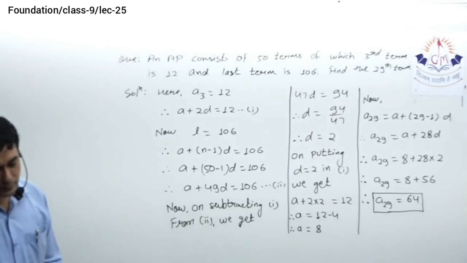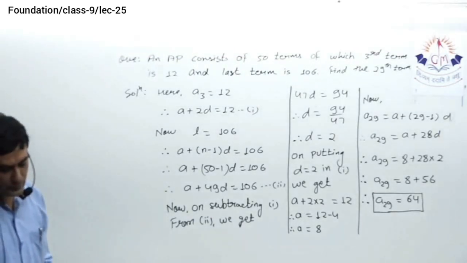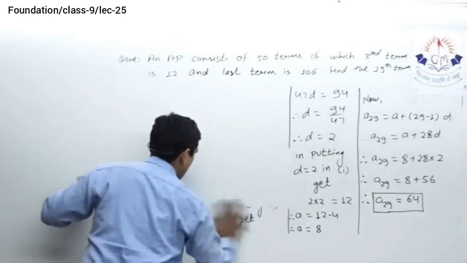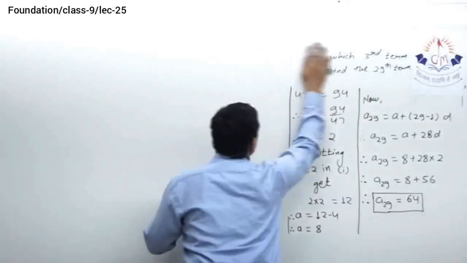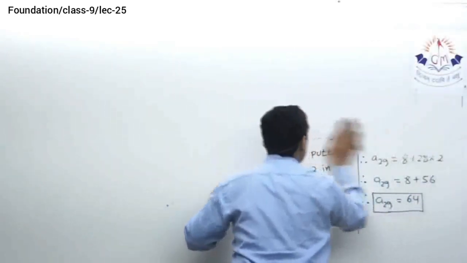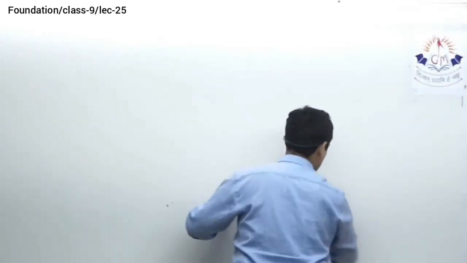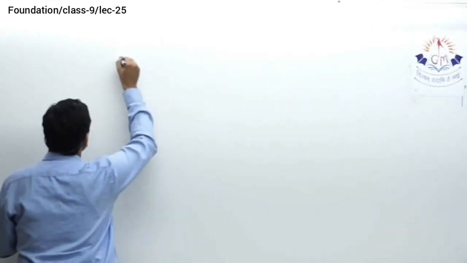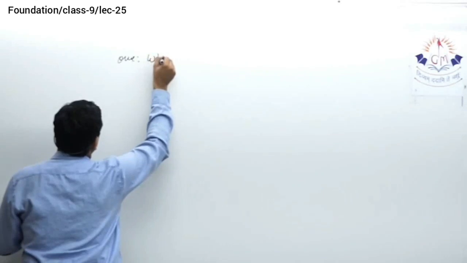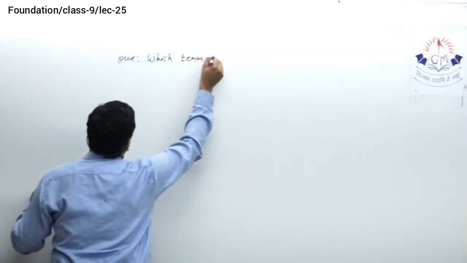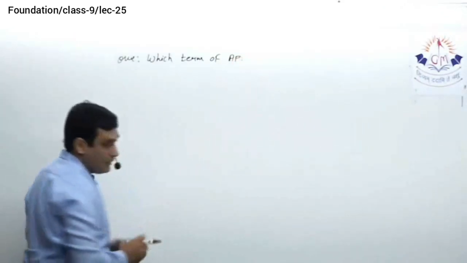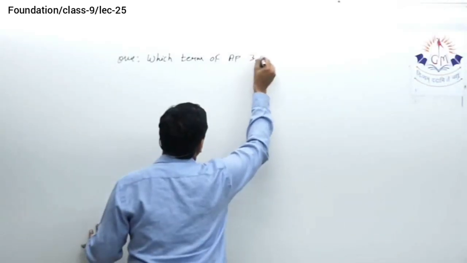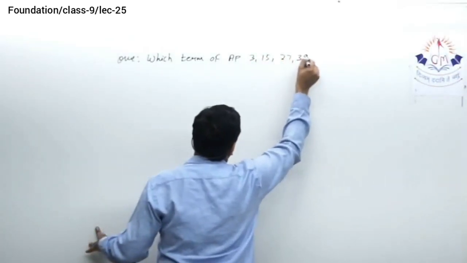Okay, now next question is, which term of AP, now AP is given 3, 15, 27, 39.